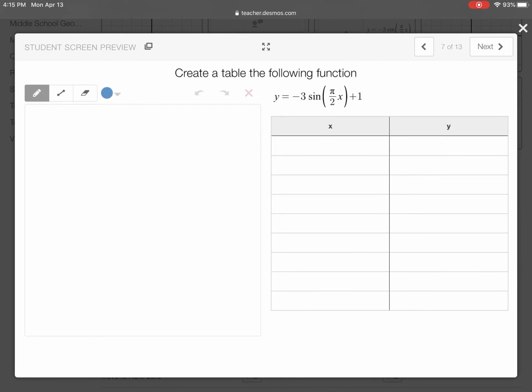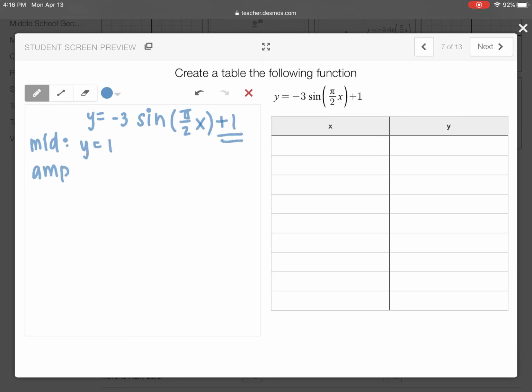So let's go to a similar problem. You're going to have to answer this question. All right, now similar problem. What if your midline is 1? This just changes things a little bit, not by much. So if we have y is equal to -3 sine of, let's say, pi over 2x plus 1, your first thing is to determine your midline. Your midline is going to be this c value, so y equals 1.